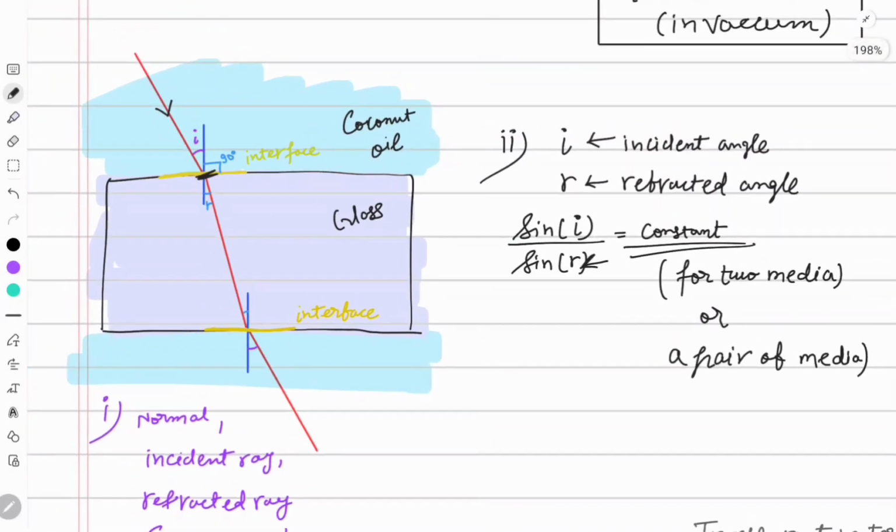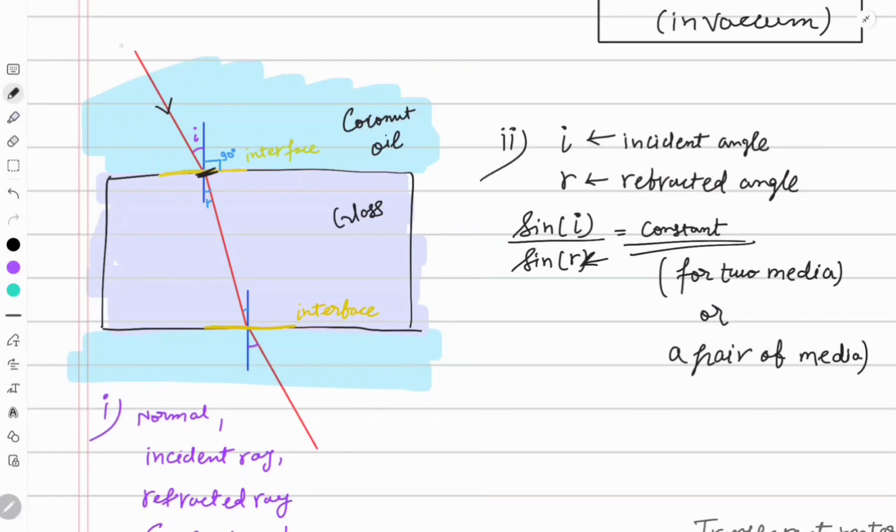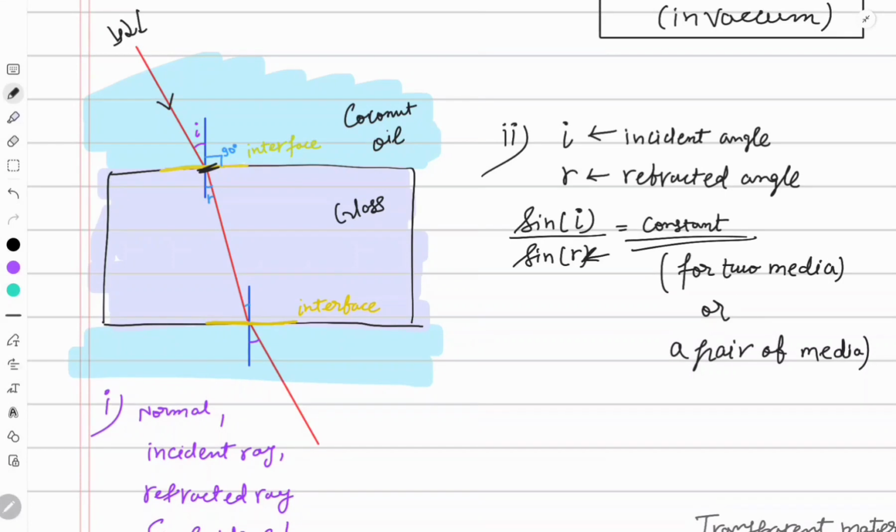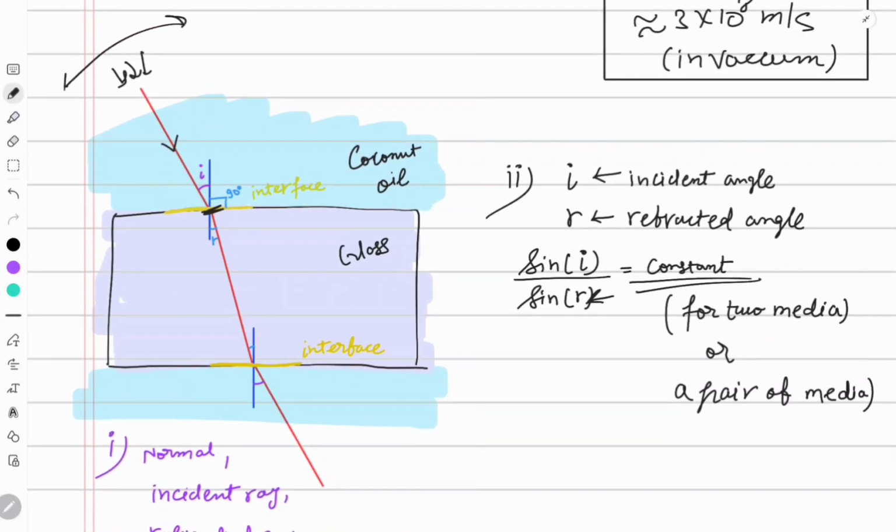I is something that we can control, because we are sending the light, so we can just shift our laser pointer or whatever source we have. But R is something that is controlled by the pair of media.